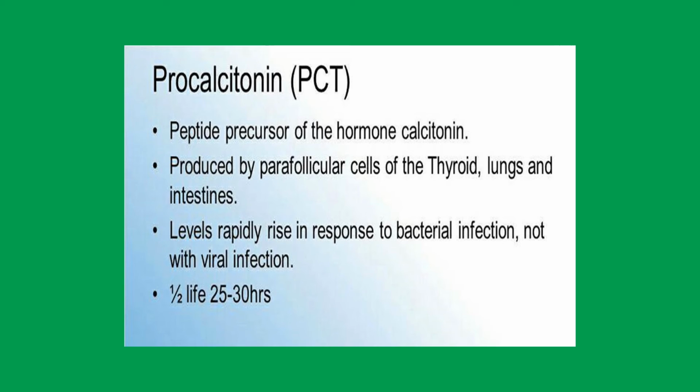It is produced by your parafollicular cells, or the C cells found in your thyroid, lungs, and intestines. The levels rise rapidly in response to bacterial infection, but not with viral infection. The half-life is about 25 to 30 hours.